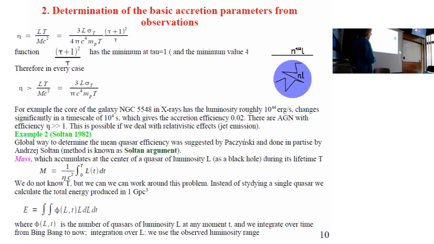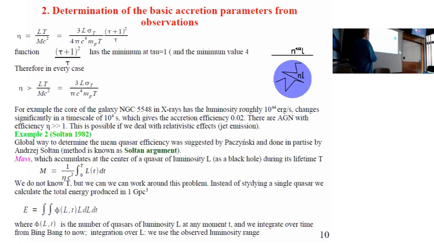So instead of concentrating on a single quasar, we go to statistics, to many quasars. And we try to calculate the amount of energy which accumulated or was produced in one cubic gigaparsec. For that, we would do the integration. Now it looks like a double integration, looks even more hopeless.